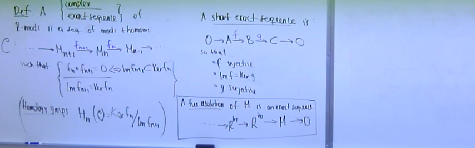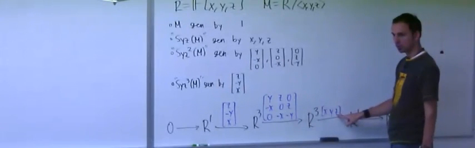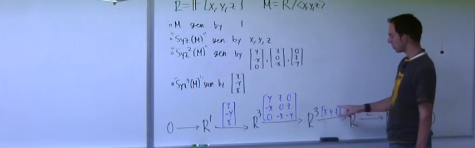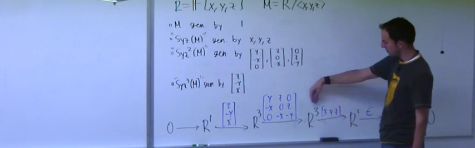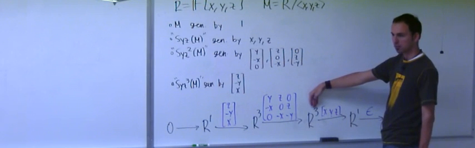So we say, okay, well, the module is generated by 1. Now, the syzygies of M are generated by x, y, and z. Okay? And so I'm going to use these guys, x, y, and z, as columns. Okay? And I'm going to think of x, y, and z as syzygies living in R3, which is what we did last time.